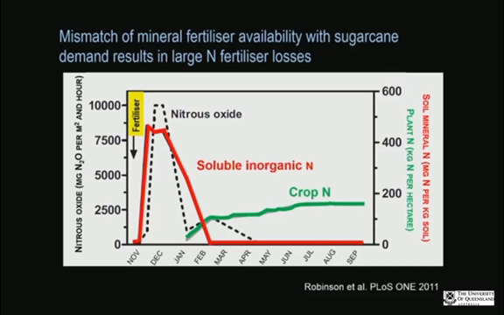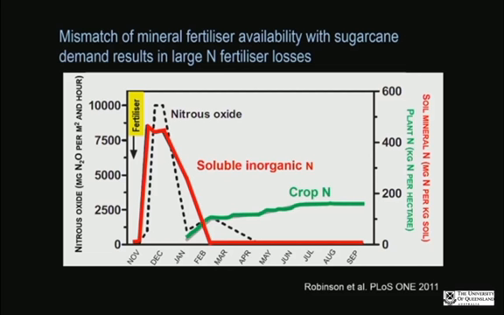And so some of Nicole Robinson's work then shows that, for instance, November is generally when the fertilizer goes on, and you get a very big peak of soluble inorganic nitrogen, ammonium and nitrate, in the soil solution that ceases in about February, and then is quite low for the rest of the growing season. And simultaneous with this increase in inorganic nitrogen, you get an increase in the flux of nitrous oxide.